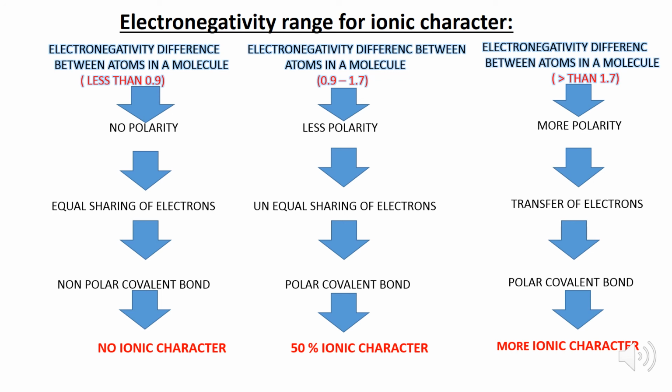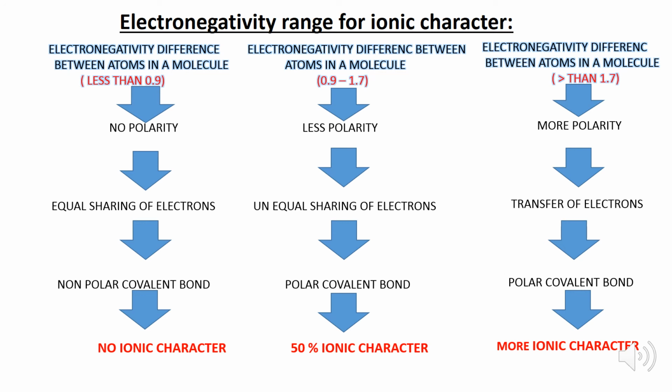Whereas if the electronegativity difference between the two atoms in a molecule is from 0.9 to 1.7, then we can say that there is an electronegativity difference and there is less polarity. In this case, there is an unequal sharing of electrons, and this molecule is called a polar molecule having a polar covalent bond. And in this case, the ionic character is 50%.